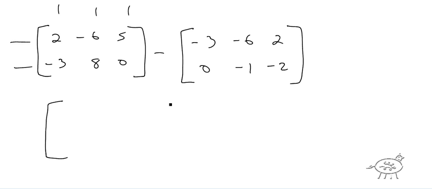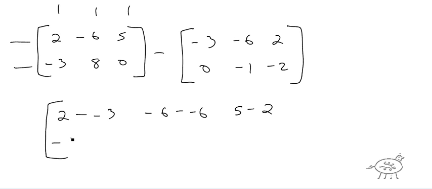If you have a difficult time visualizing all this, you can actually write it all out too, and that's okay. So I'm going to do it this way just to show you a couple different ways to make fewer mistakes. So I'm going to write everything out. 2 minus a negative 3. The next one is negative 6 minus a negative 6. The next one is 5 minus 2.